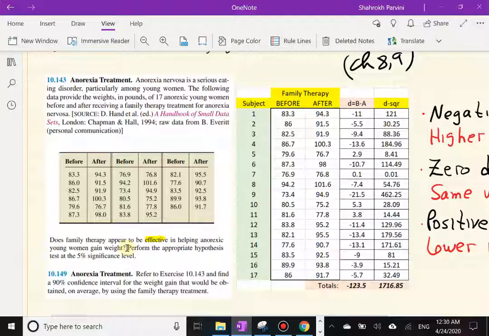So, because these are anorexic people, an effective, successful treatment would be if the individual actually gains weight, right? So we would like to know if the average weight before is less than the average weight after family therapy. And that's going to be the basis for our alternative hypothesis.